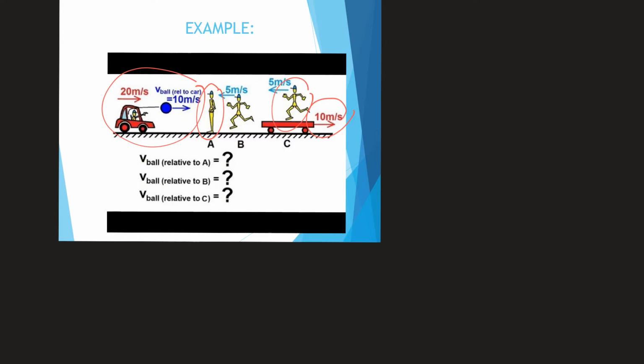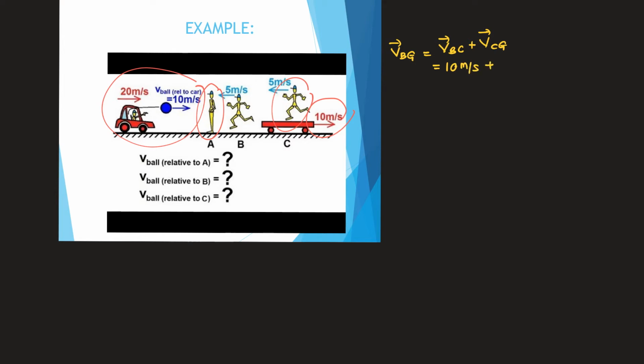So we need to find that first. Okay, so I'm going to put it as the velocity of the ball relative to ground. Right now the object there is going to be the moving car, plus the velocity of the car relative to ground. The velocity of the ball relative to car is going to be 10 meter per second, moving to the right.